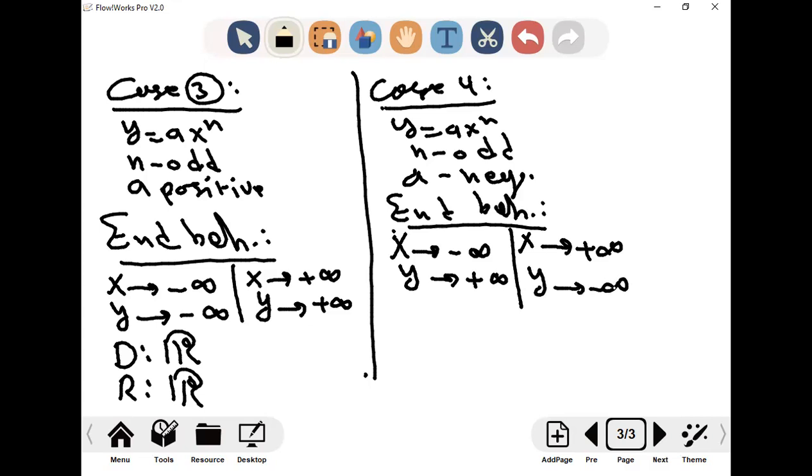Okay? How about the domain and range? As I told you, x power 3 gives everything. So here the domain is R, and the range is also R. Done. Everything I wrote here is in front of you, no need to write. So let's go to example 1 directly.